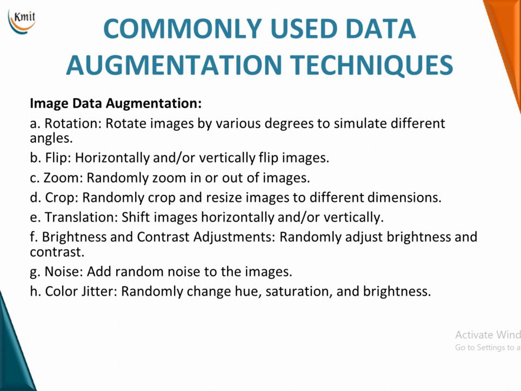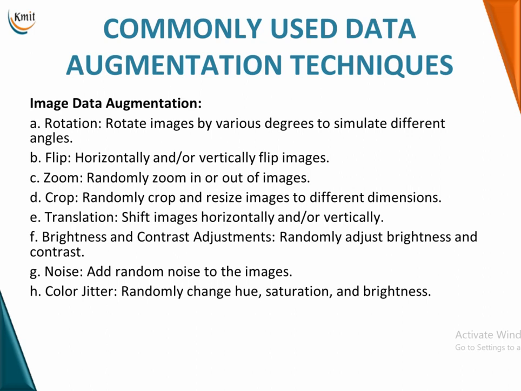First, on image augmentation, there are several ways by which I can augment particular image data. It can be rotation, it can be flipping the image horizontally or vertically, you can zoom in or zoom out of the images, you can resize the images, you can randomly crop a particular image to completely change its dimension, you can shift the image horizontally and vertically, that is translation, you can randomly adjust the brightness and the contrast of a particular image and reproduce another copy of it.